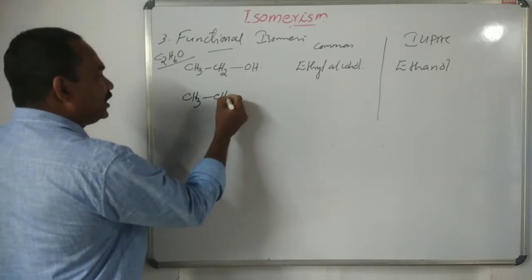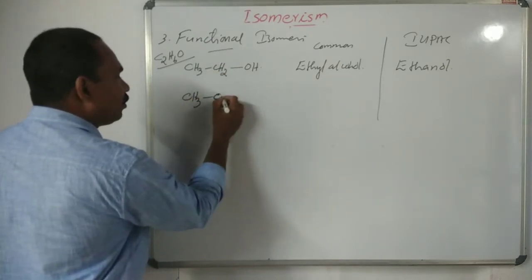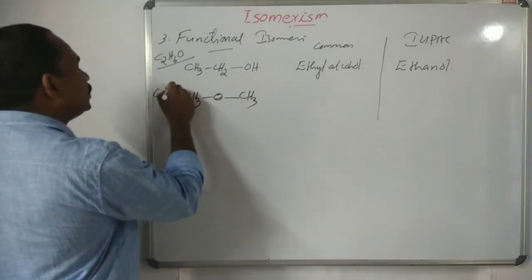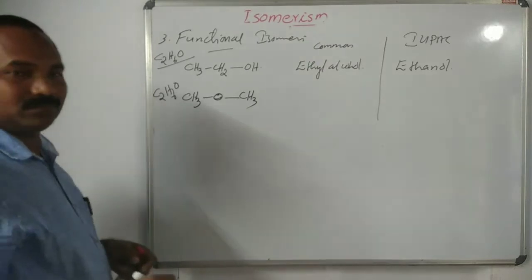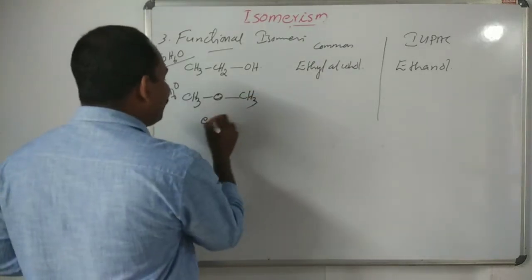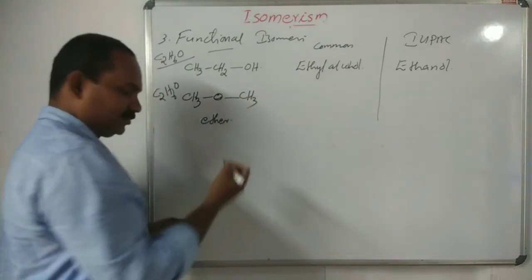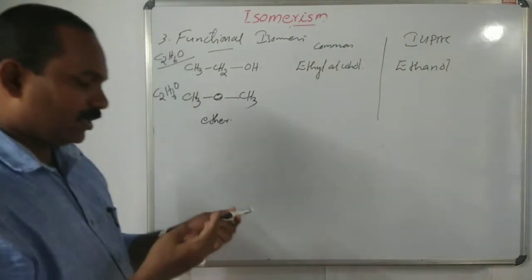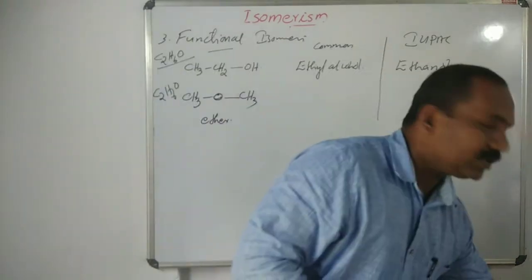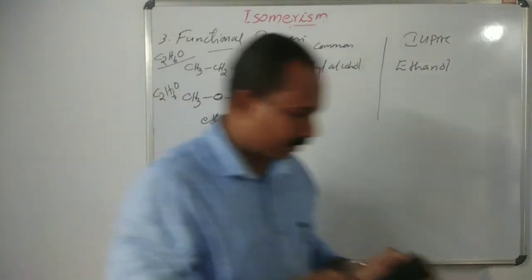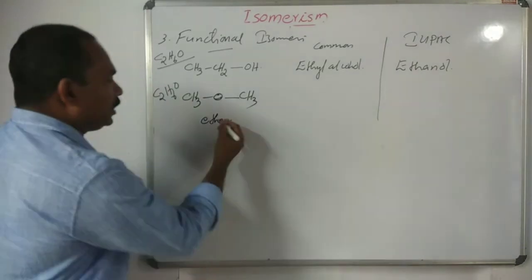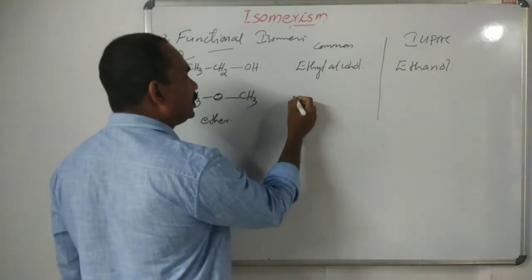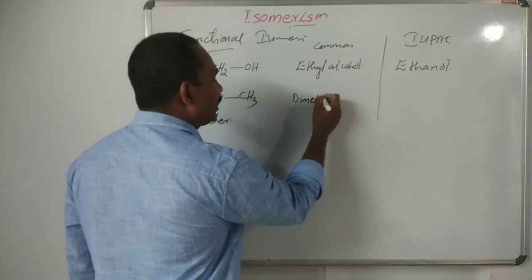CH3OCH3. The formula is C2H6O, but the class of compound is ether. The common name of this molecule is dimethyl ether.